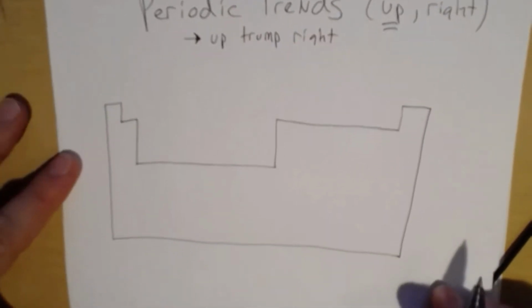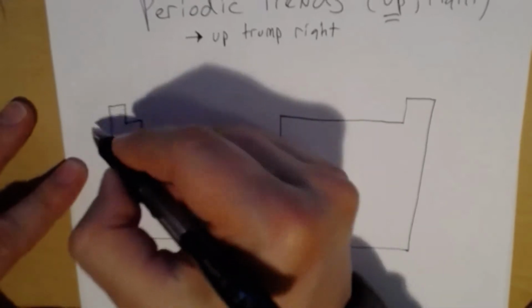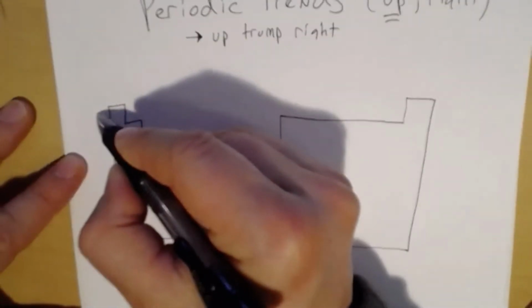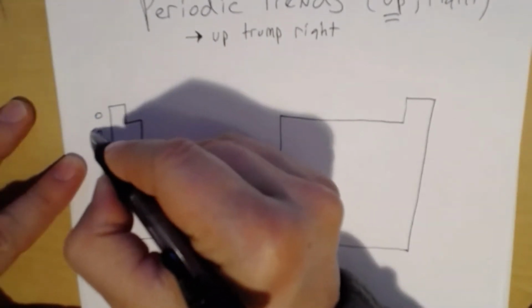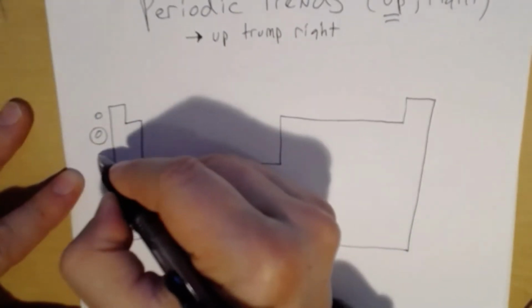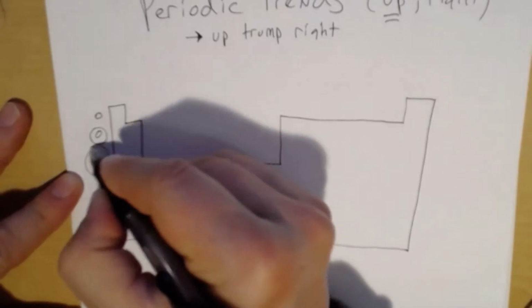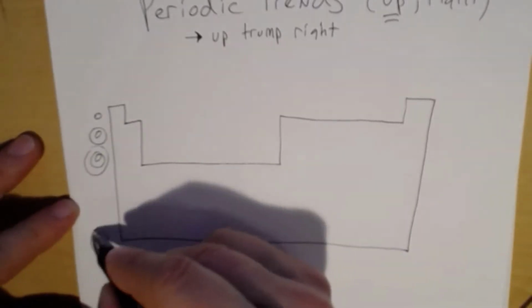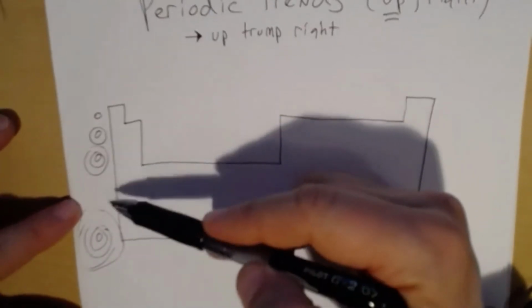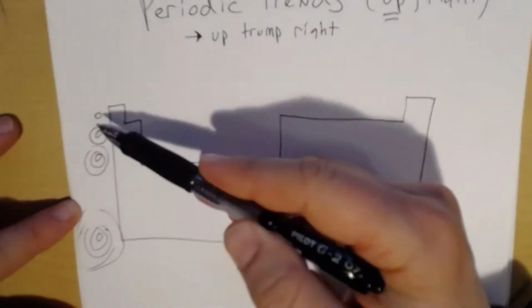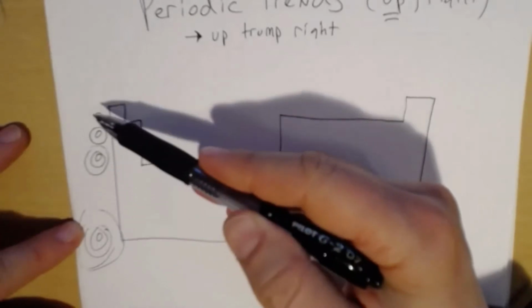All right. So as I go up and down, in the first energy level there's only one shell, right? In the second energy level, I have two shells. In the third energy level, I have three. When I get way down here, I have 7 shells. So you can see how that's really going to affect the size, right? As I go up, it's going to get smaller.